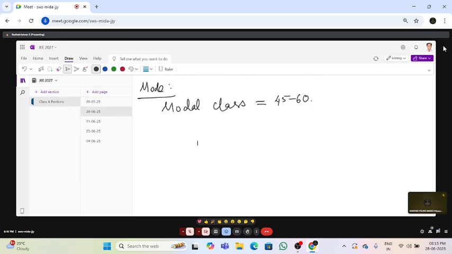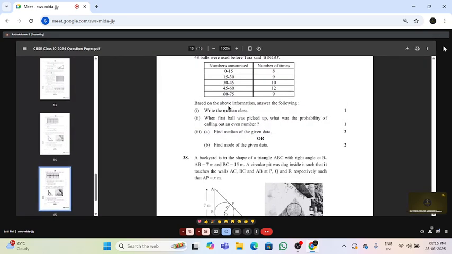Now, there are three values that we have to consider to determine the mode: F1, F0, and F2. F1 is the frequency of the modal class. The modal class is 45 to 60, and the frequency is 12. So that is your F1.